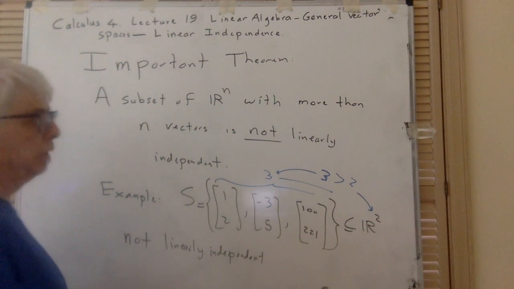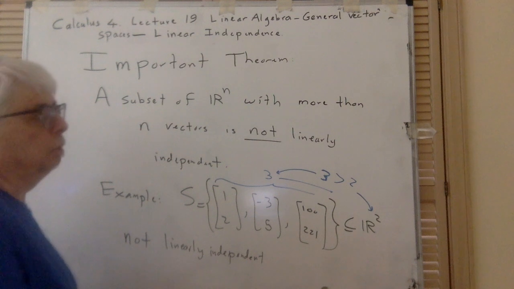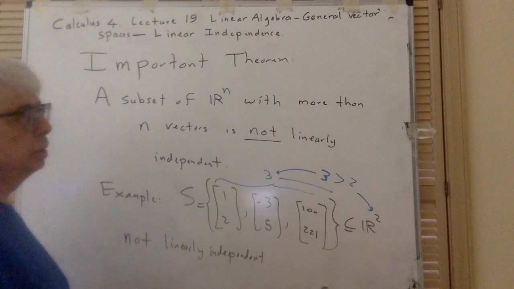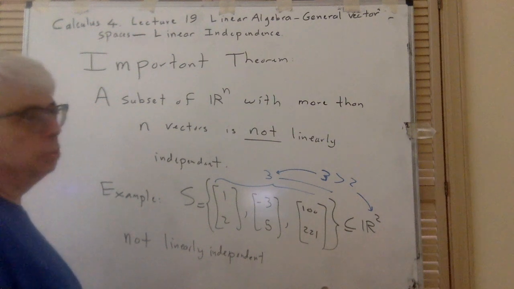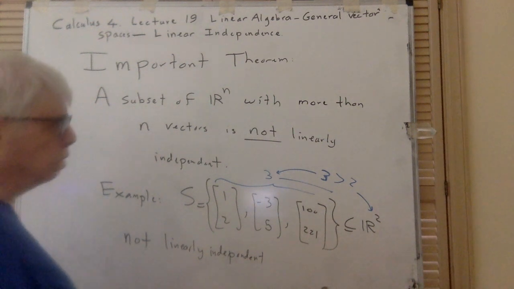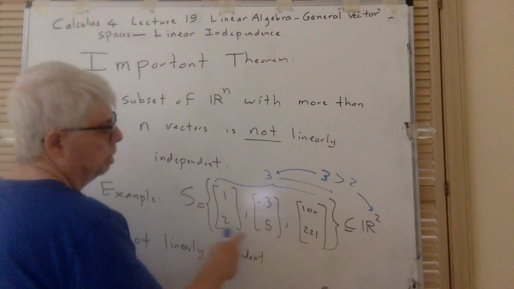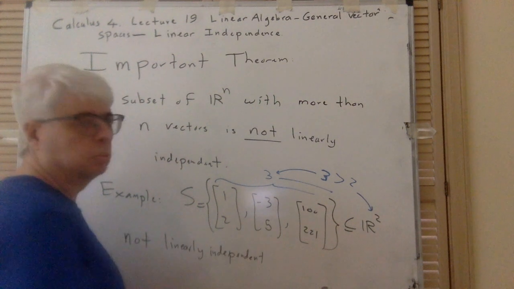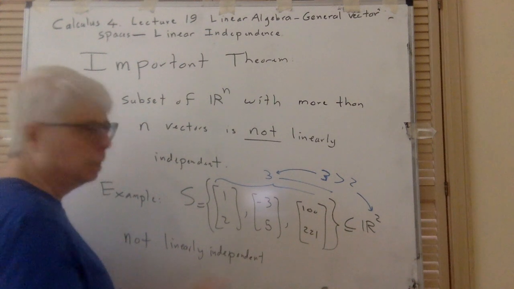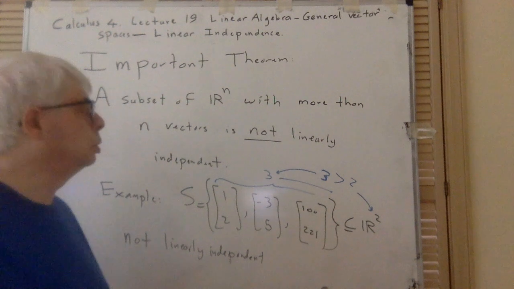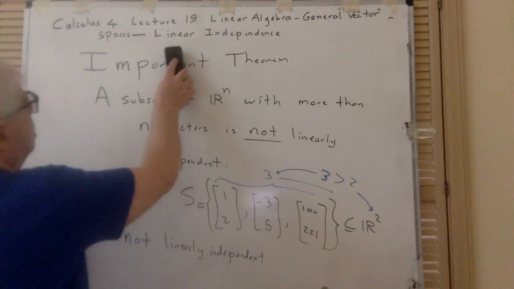So if I have like 101 vectors in R100, that set is not linearly independent. What does this mean? It means that without doing anything, we can just say that this is this one plus this one with some k's. We can say that anything like this is consistent.